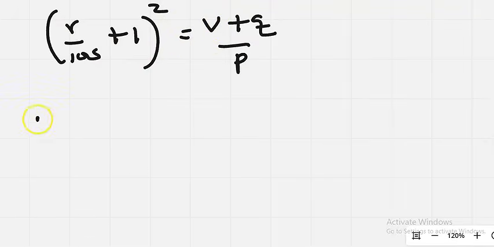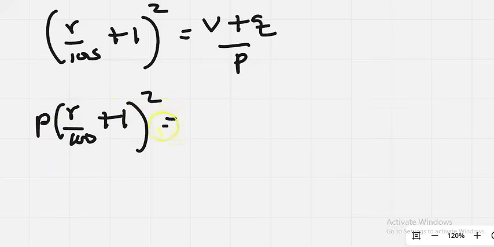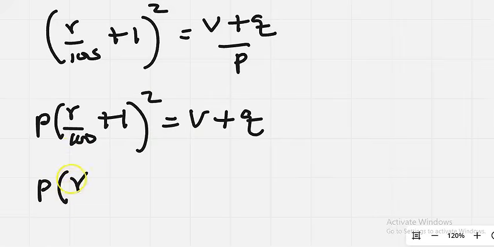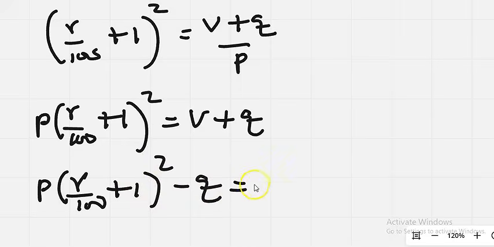So this becomes P in brackets R over 100 plus 1, squared, equals V plus Q. So making V the subject of formula, we have P(R over 100 plus 1) squared minus Q equals V.